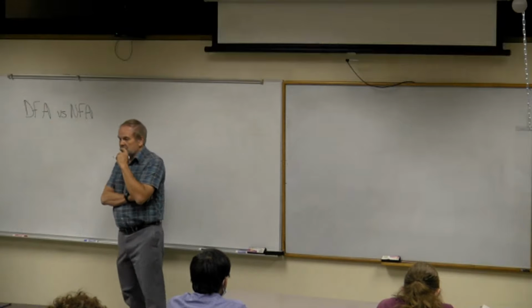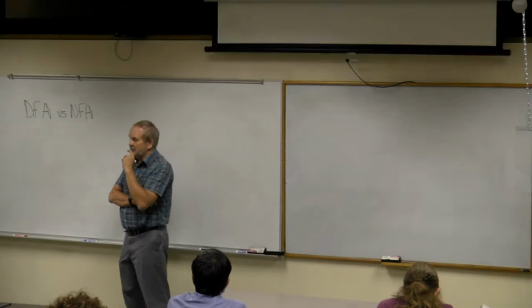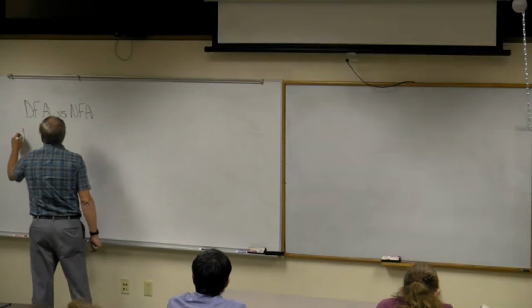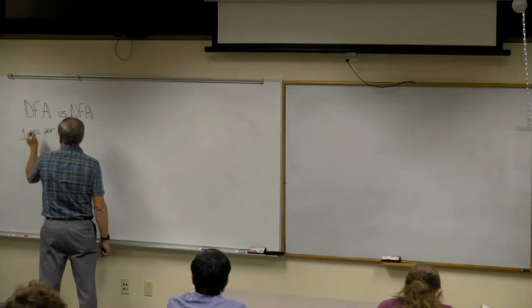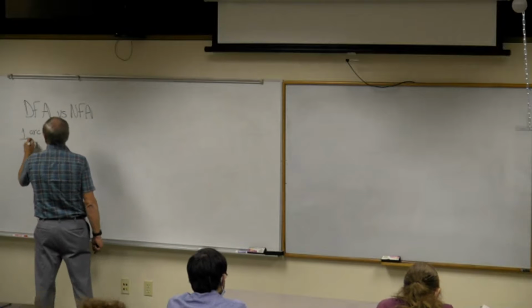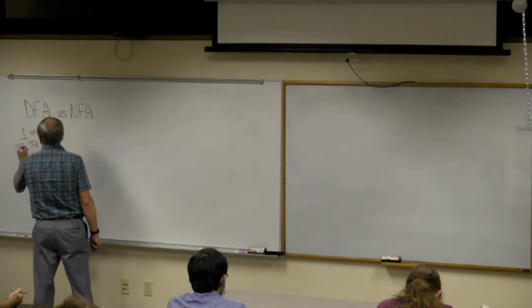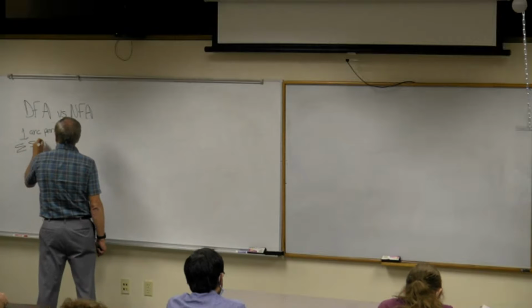DFAs only have one route per input. Yeah, one arc per symbol, per alphabet symbol.